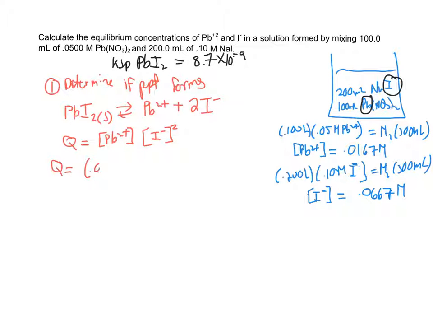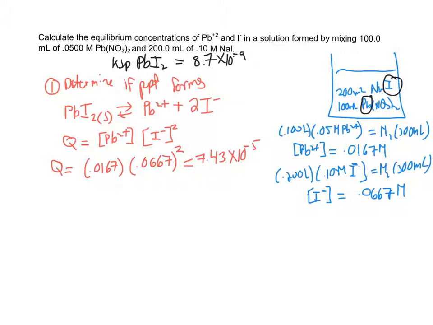So 0.0167 molar, and then my I− is 0.0667 molar, but don't forget there's a squared there. My Q ends up being 7.43 times 10 to the negative fifth.